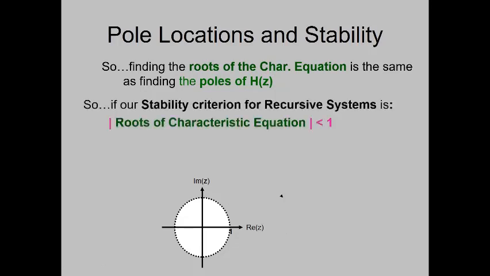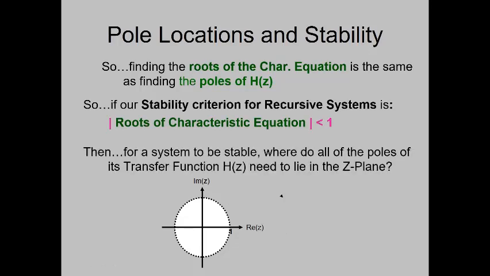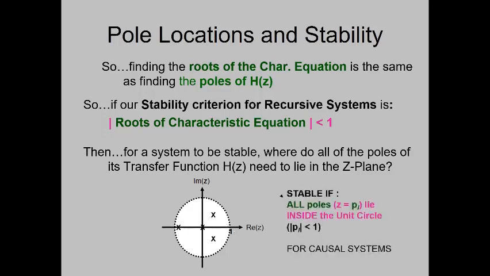And transforming that original requirement for stability, that the roots of the characteristic equation be less than 1, means if I've got the transfer function of my system, I can look at the poles, and all the poles have to have a magnitude less than 1, because the poles are the roots of the characteristic equation.